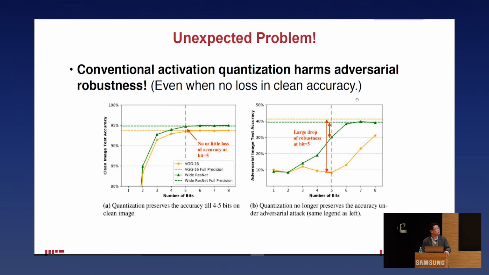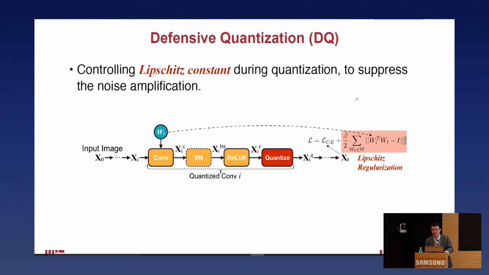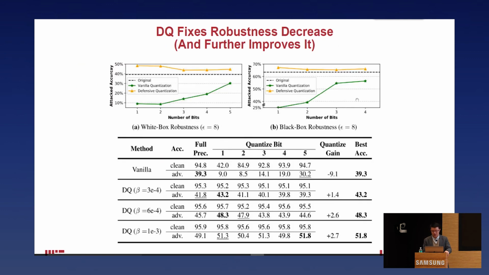And to cope with that problem, we designed a Lipschitz constant regularization to regularize the Lipschitz constant. And as a result, we can actually turn quantization into a helper against adversarial attacks, whereas conventional vanilla quantization will hurt the adversarial attack robustness.